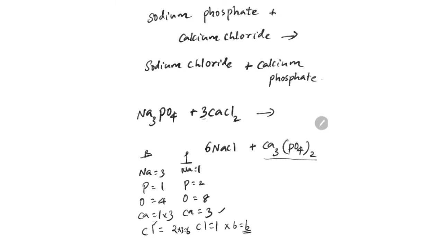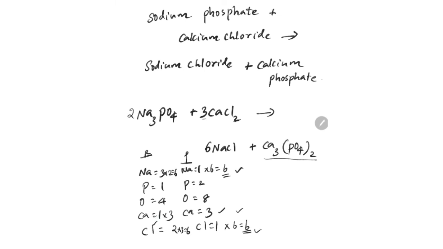Now you can notice here, sodium became 6. We multiplied by 6 and made it 6. But earlier on the reactant side, sodium is 3 only. So we multiply that by 2. So you put 2 here in front of sodium phosphate. So now sodium is balanced, chlorine balanced, calcium balanced. Now we can check the remaining things.